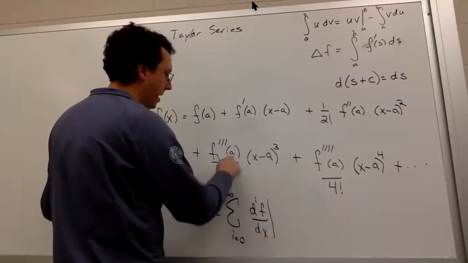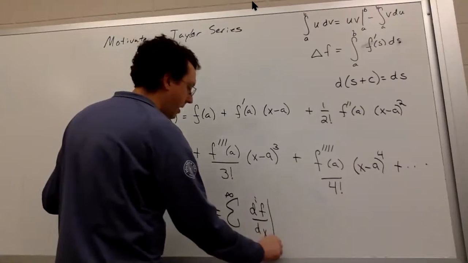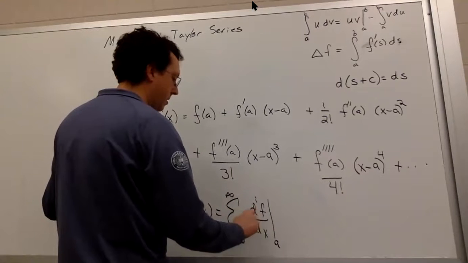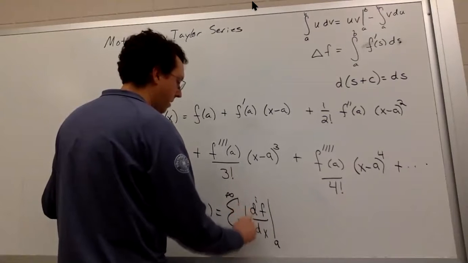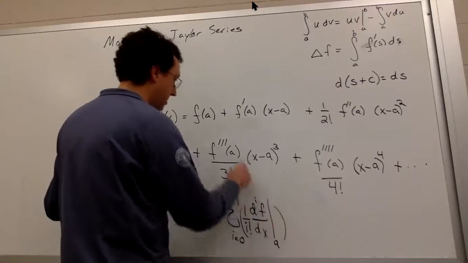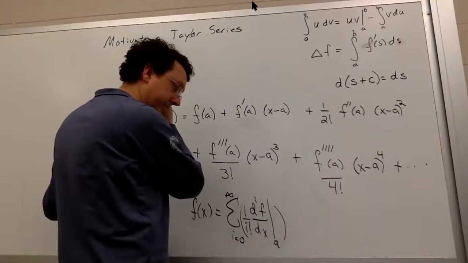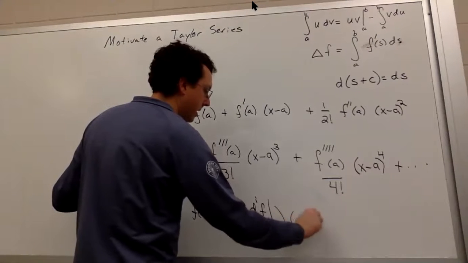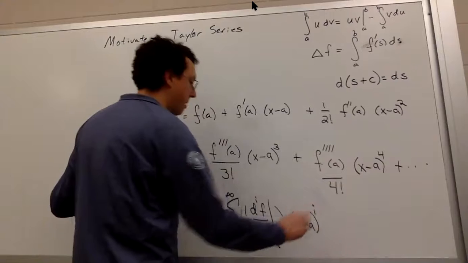You don't evaluate it at x, you evaluate it at a. And then I divide by i factorial. So that's the coefficient. And then I multiply by x minus a to the ith power.